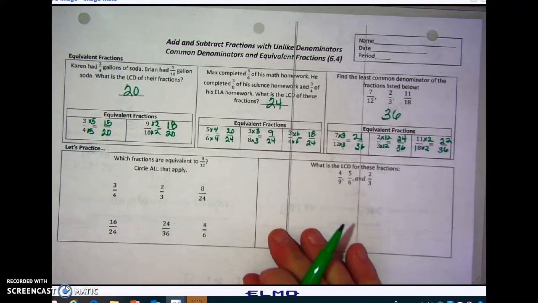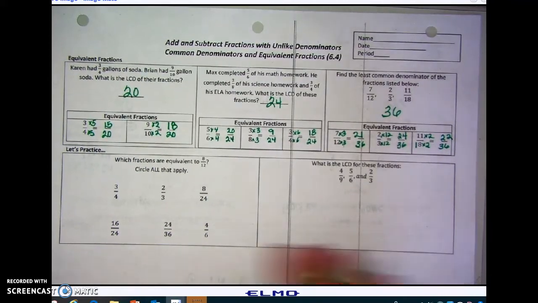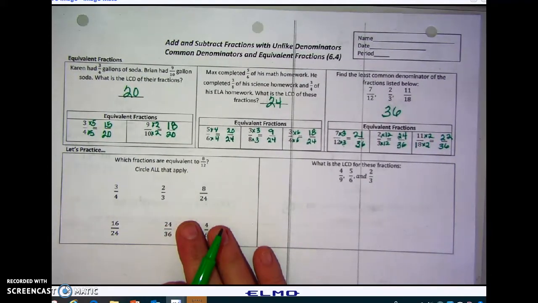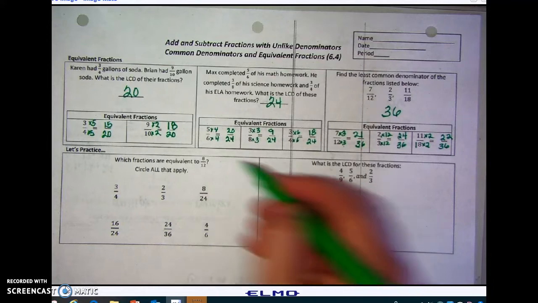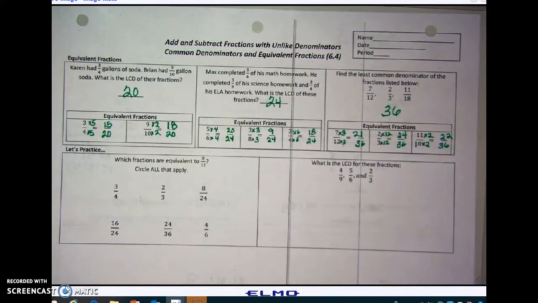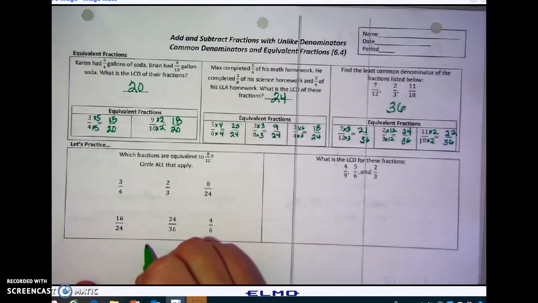What I want you to do now is practice and figure out what are all the equivalent fractions to 8/12, and then we're going to find the lowest common denominator for these fractions. So, 8/12. I'm going to come down here and I'm going to do a little math.